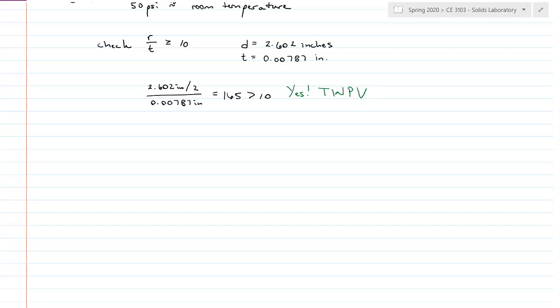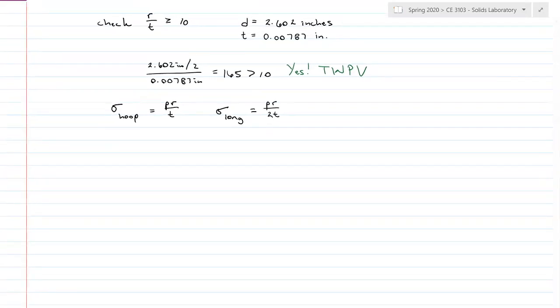So that means we can use sigma hoop is equal to PR over T, and sigma long is equal to PR over 2T. Now we've already done the R over T calculation. That's 165.311.